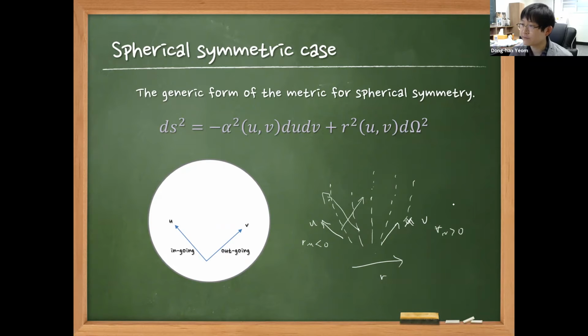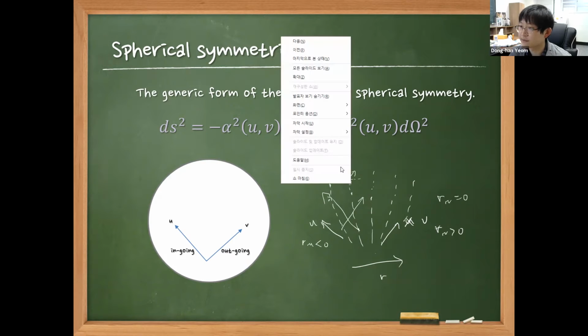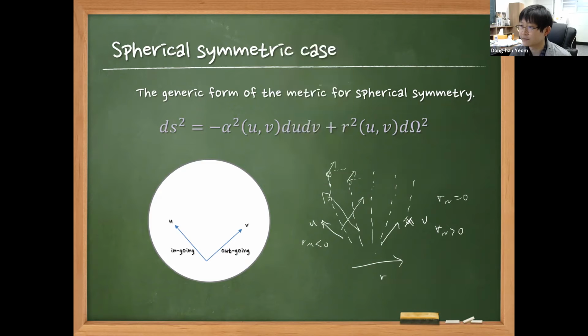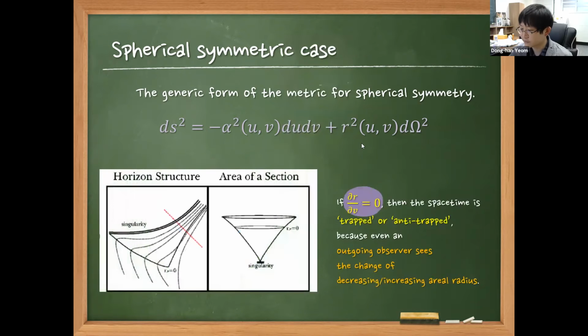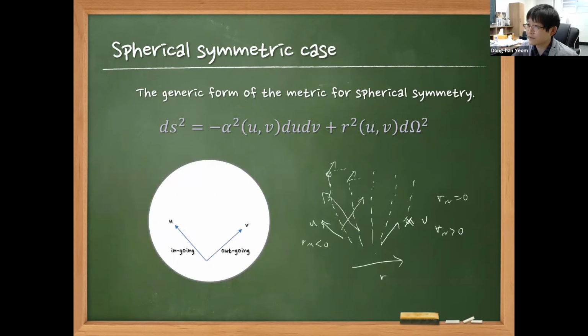However, if R comma V goes to 0, then R should change in this way. Then along the V direction, the R contours are tangent to the V direction. I'm sorry.